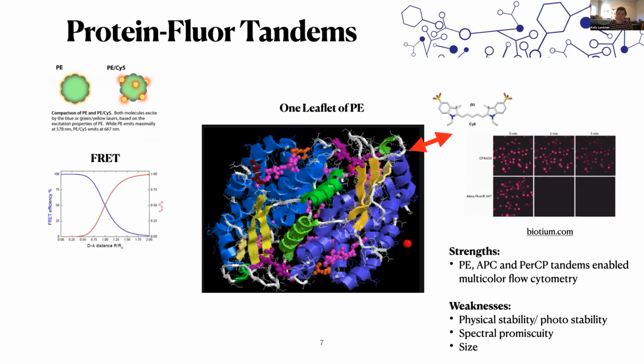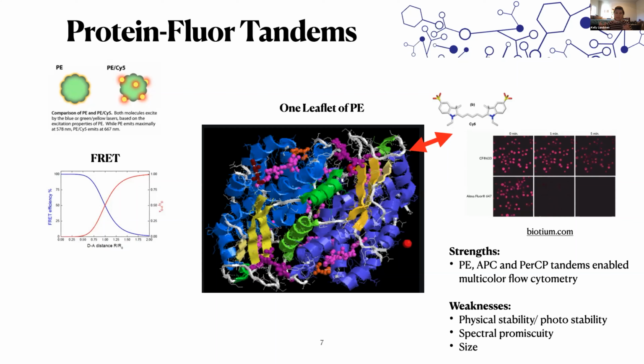So in order to maximize that Stokes shift and take it a little bit farther, we'll make phycobiliproteins into protein tandems. PE-Cy5 is a really good example of that, although it's extremely photolabile. If you look at that single leaflet, those pink structures are the embedded phycobilins, the chromophores or fluorophores themselves.